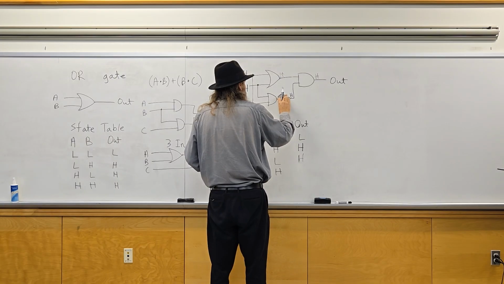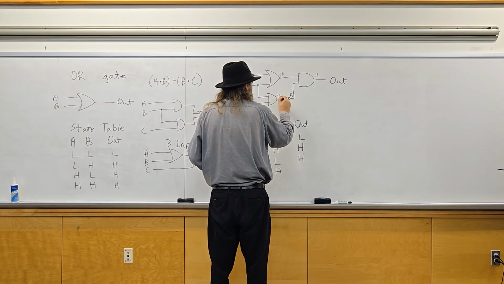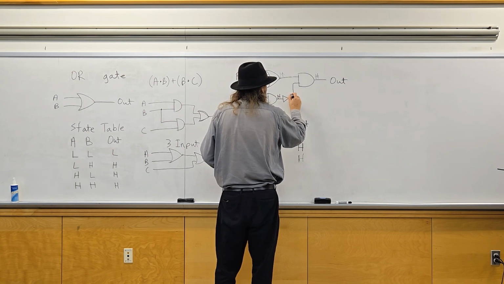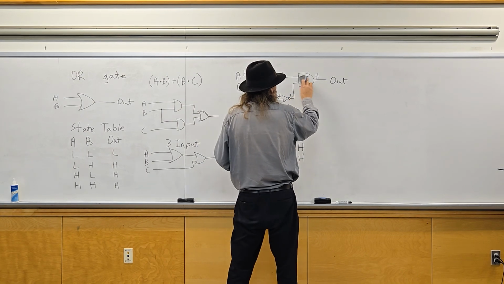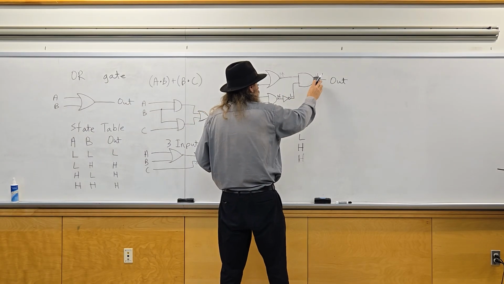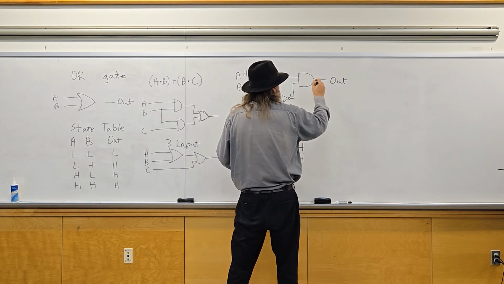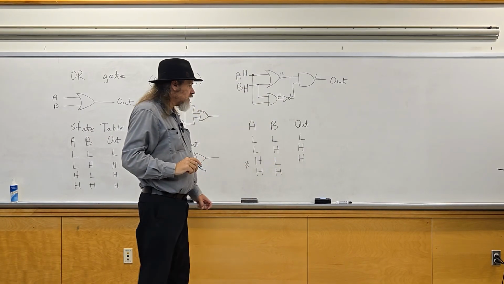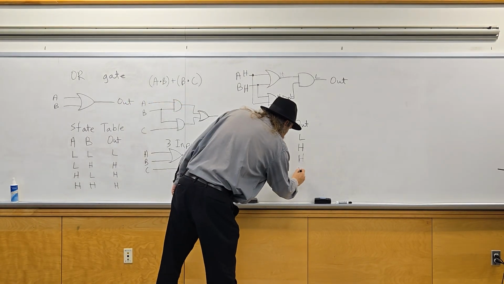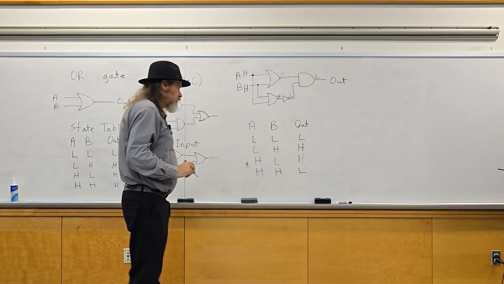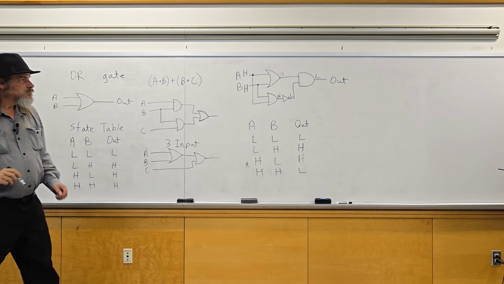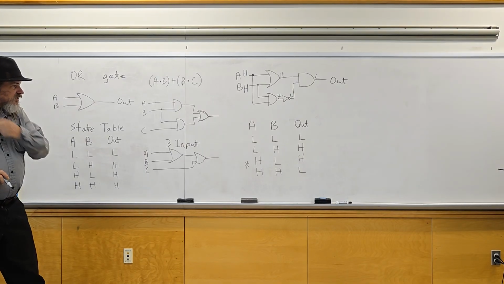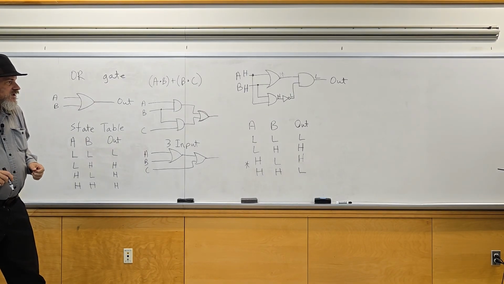This AND gate will also be high, making this low. And then the high and low in the AND gate would be low, making the final output be low.